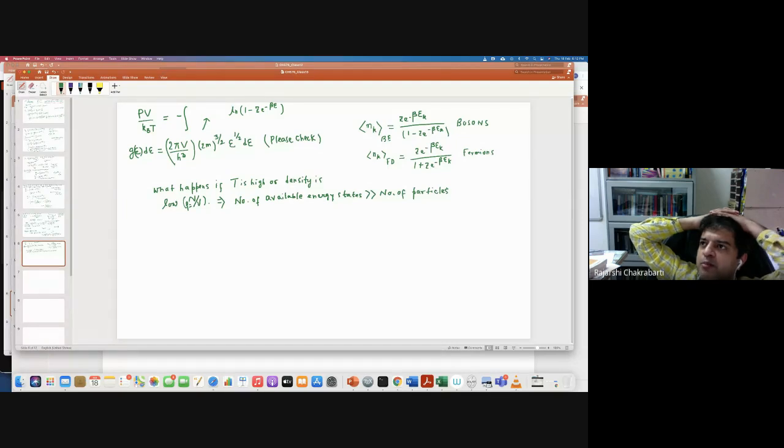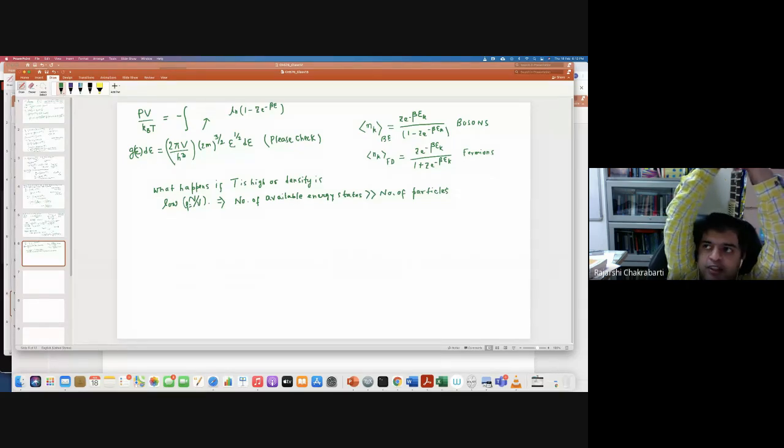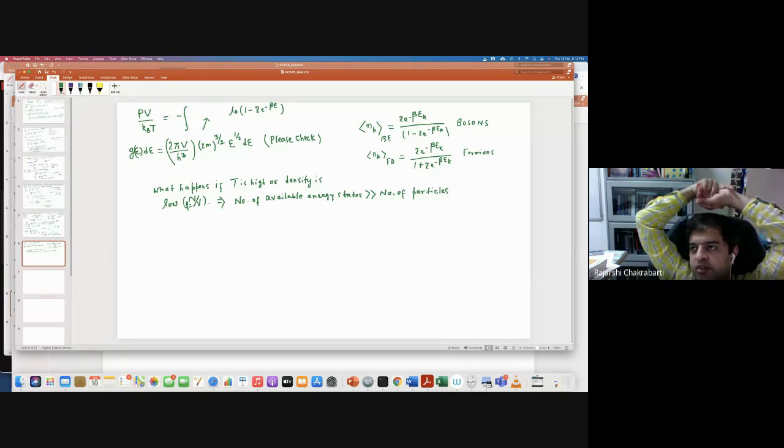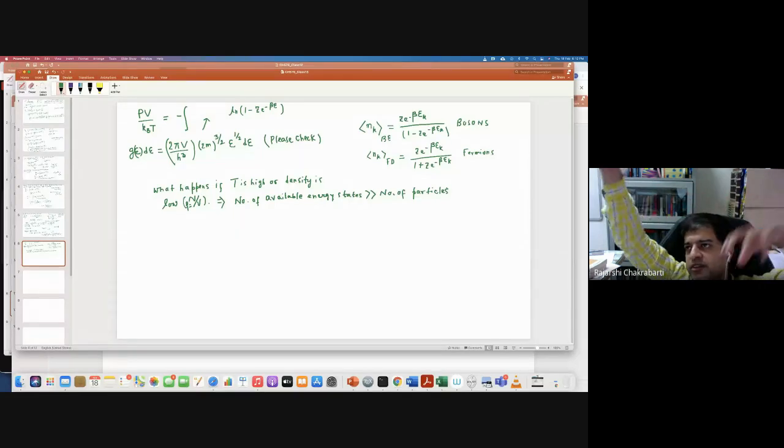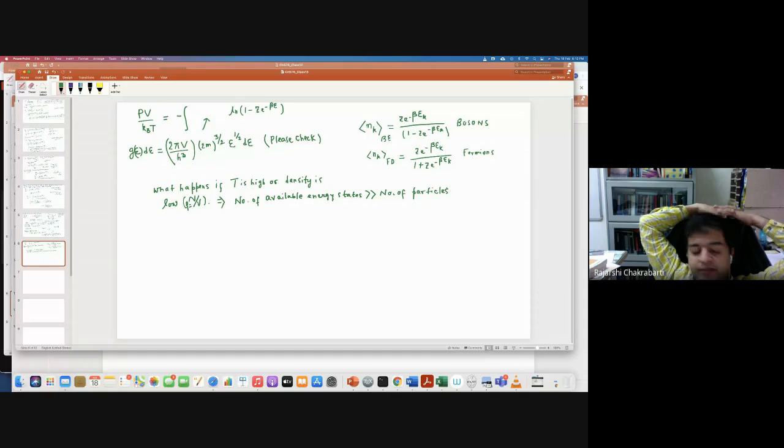The number of particles is huge but finite, but under such conditions your energy spectrum has many more available states than particles. For example, your available energy states are 1 billion and you have 1 million particles. Think in terms of temperature, for example. So what is going to happen then?